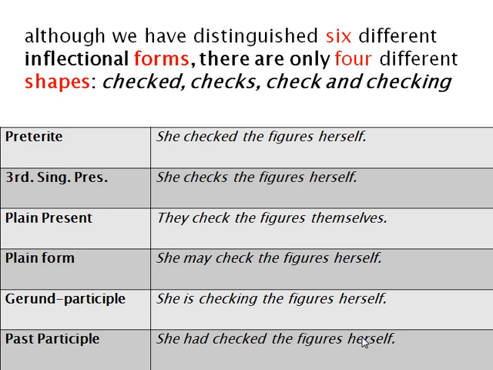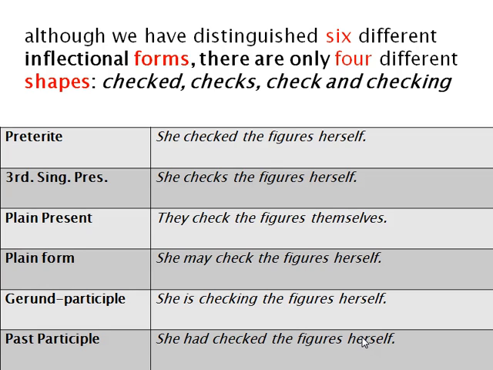Now, although we have distinguished six different inflectional forms, there are four shapes. And why is it so? Because I told you forms and shapes are completely different. A shape is the way you write the word. It's related to spelling, whereas a form is related to function.